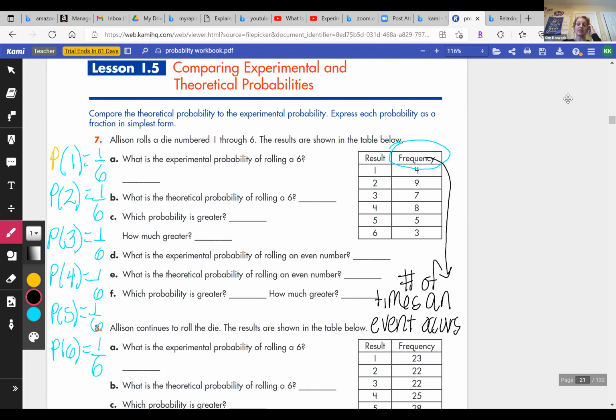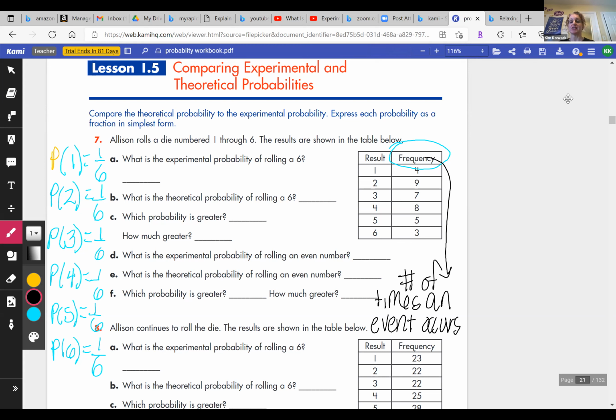Let's take a look at how many experiments she must have done, because she got 4 1s, 9 2s, what we just said. Add that all up. The 4 and the 9 is 13, and the 7 is 20. Then she adds another 8, which is 28, and then 5 more is 33, and 3 more is 36.